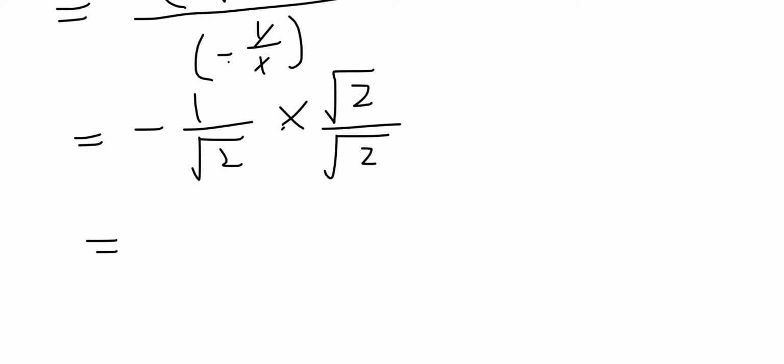The reason why you are allowed to do that is because this same thing over this same thing is the same as 1. So it's like you're multiplying this thing by 1. It doesn't change. That's why you are allowed to do that. So when you multiply it, this square root multiplies that one there. So that means if it was 4 there, it was going to be 4 multiplying with that square root.